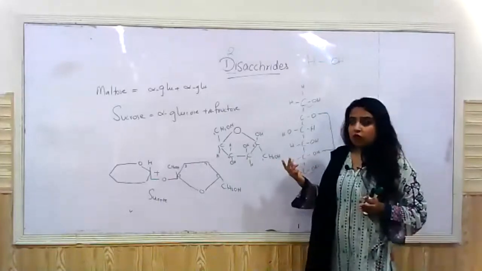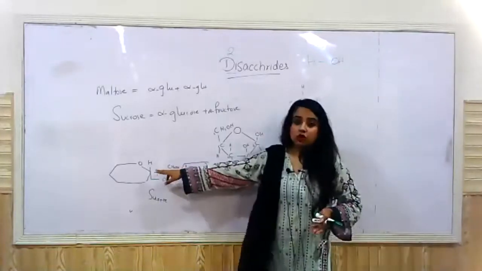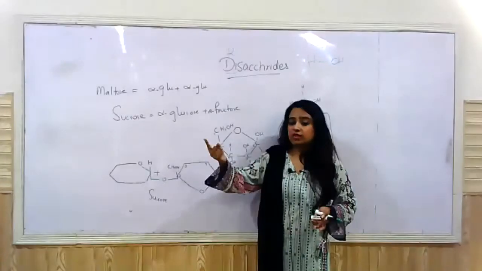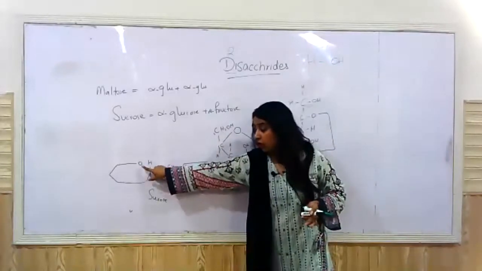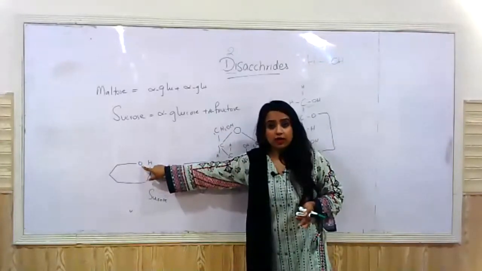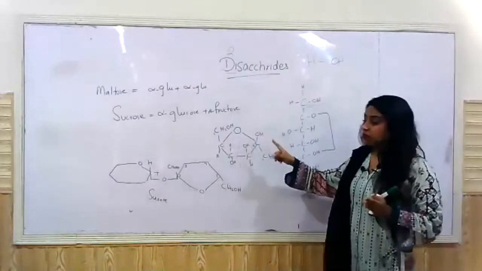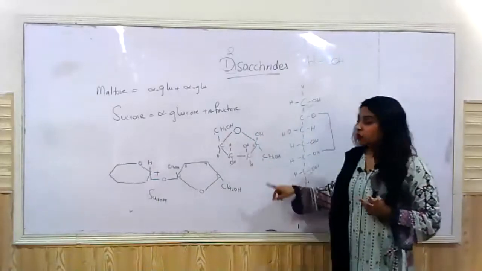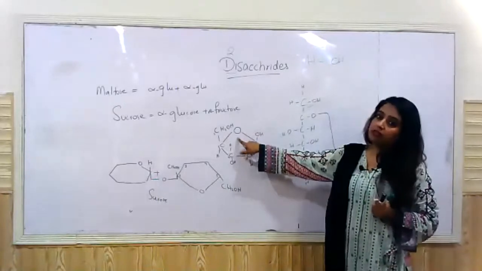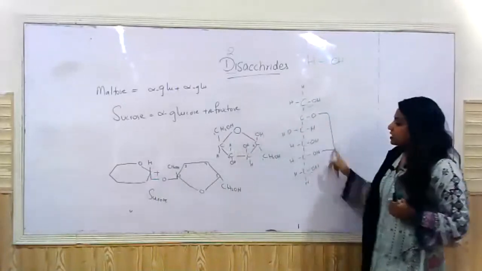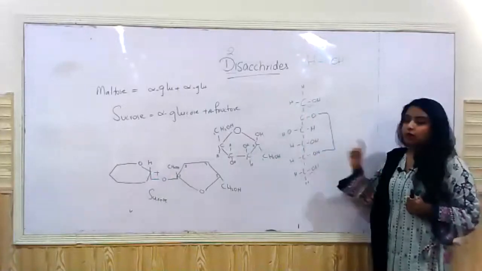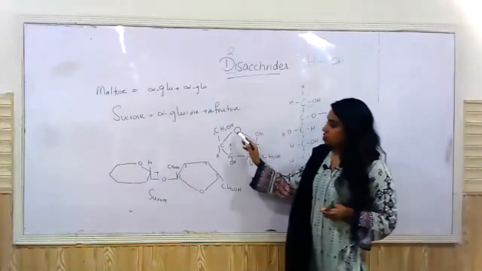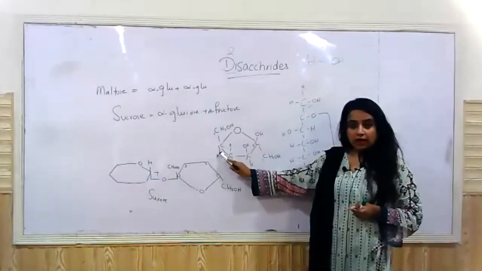Because the ring is 5-cornered, see here the ring was 6-cornered. Still 1 carbon atom was outside the ring because 1 corner is occupied by the oxygen atom. Similarly here, the ring is 5-cornered, but both carbons are outside because 1 corner is occupied by the oxygen molecule that's linking both carbon number 2 and carbon number 5. So oxygen is shared between carbon number 2 and carbon number 5.